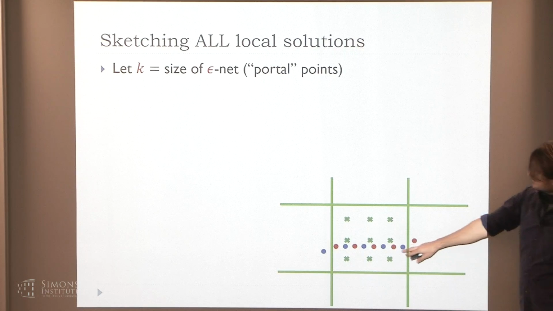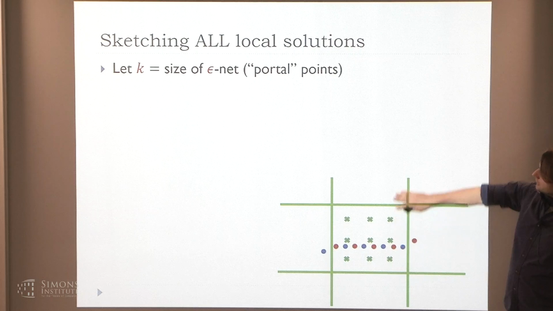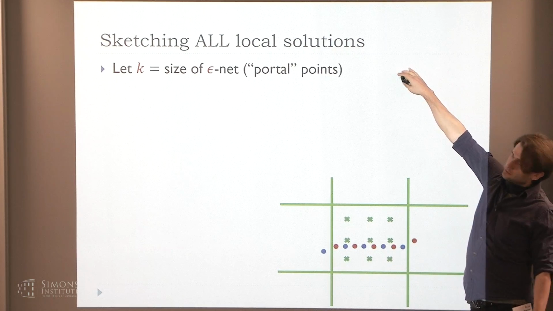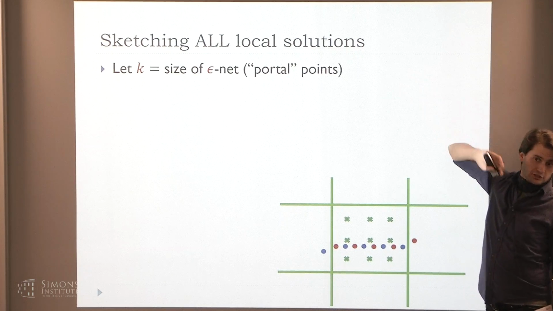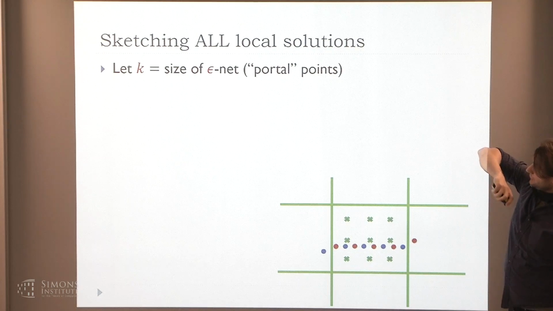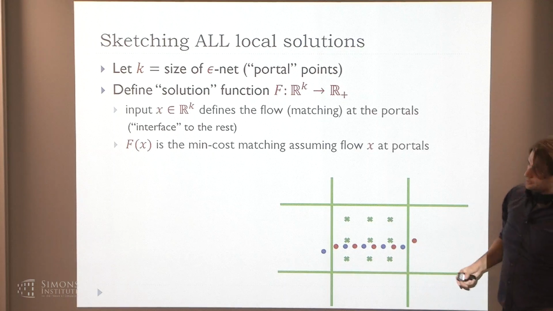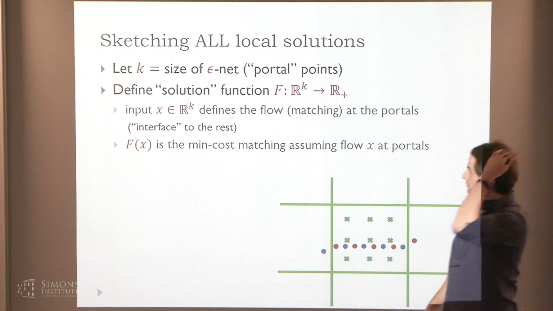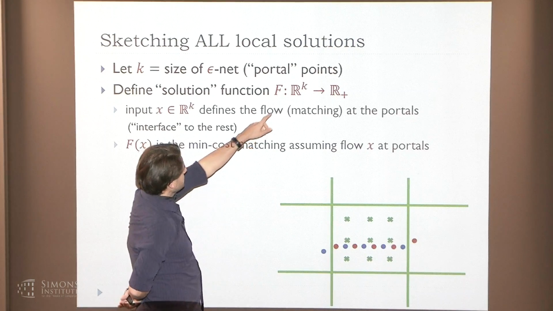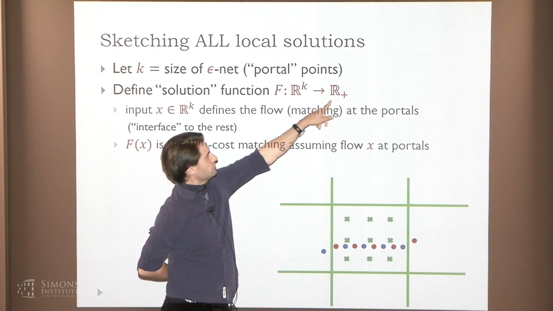Okay, and the advantage of doing this is that we can define a very small number of such portal points, one that depends on epsilon only. Now we can define the following solution function, which maps from something of dimension k into positives.